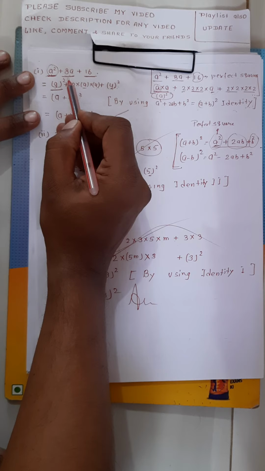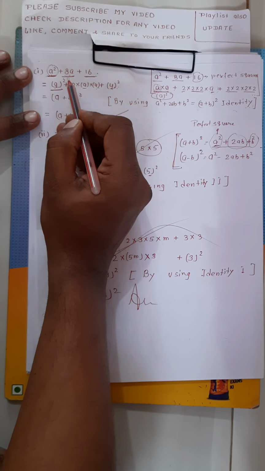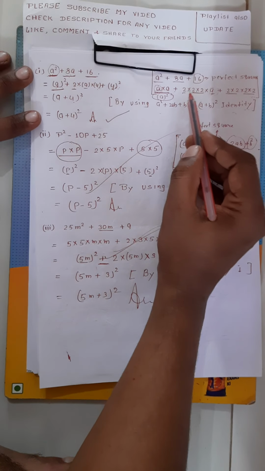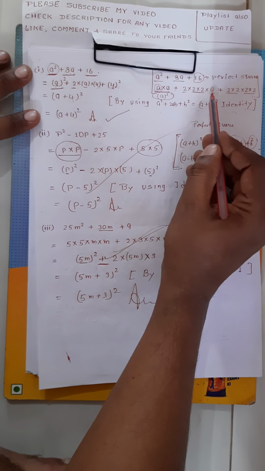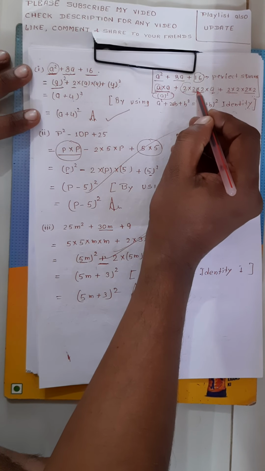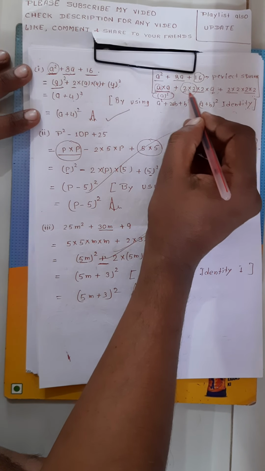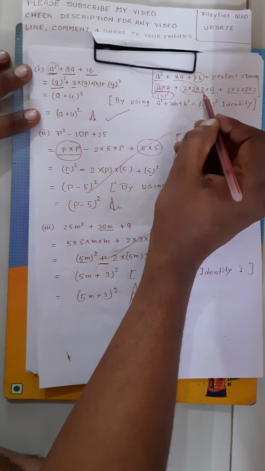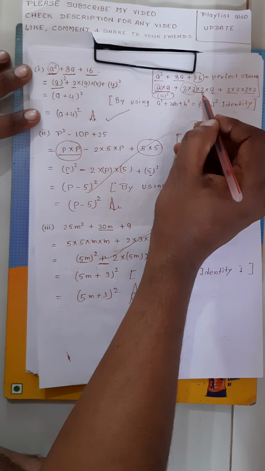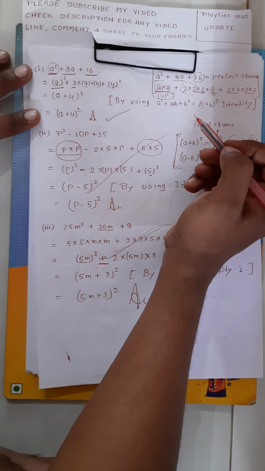Is 8a a perfect square? If we factorize 8a, the value is 2 into 2 into 2 into a. That means we can write it as 2 square and no other square, because 2 is alone and a is also alone.